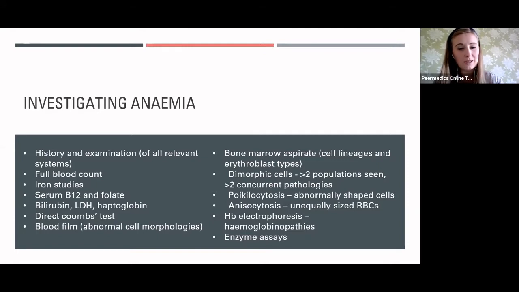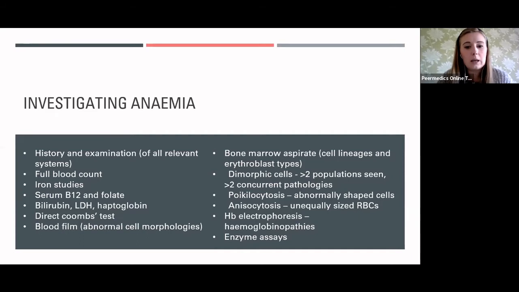If you see the word poikilocytosis, that just means the cells are really weird shapes, but generally uniformly weirdly shaped. Anisocytosis means that they're unequally sized, so you might have some big ones, some small ones. It could refer to, for instance, a few megaloblastic cells and some normal ones, or some reticulocytes, which are bigger, and some normal ones.